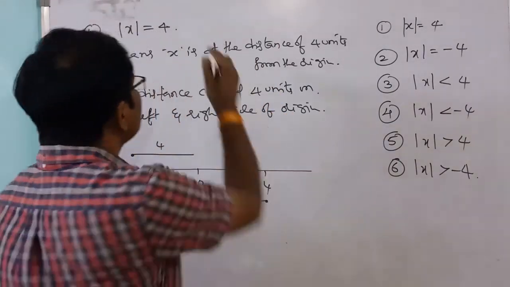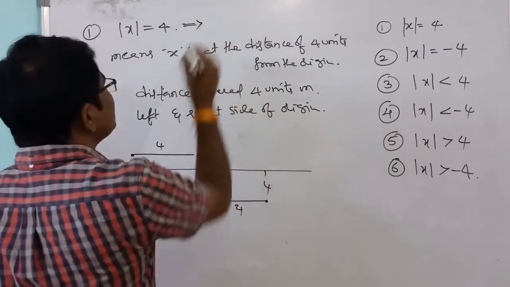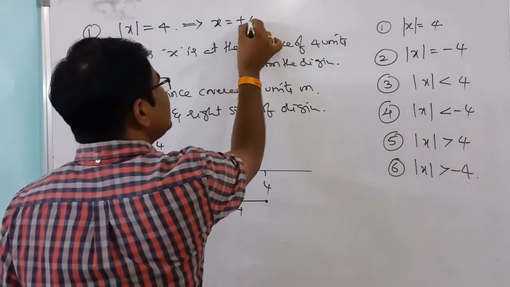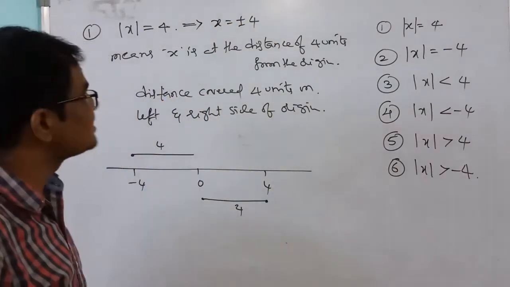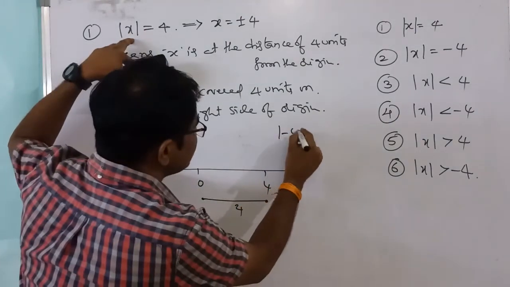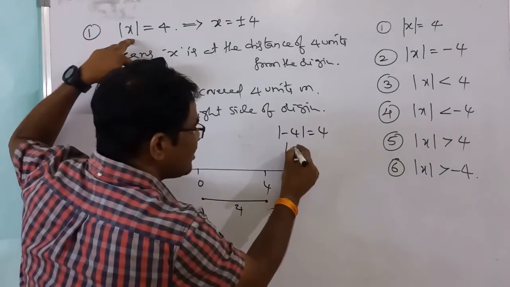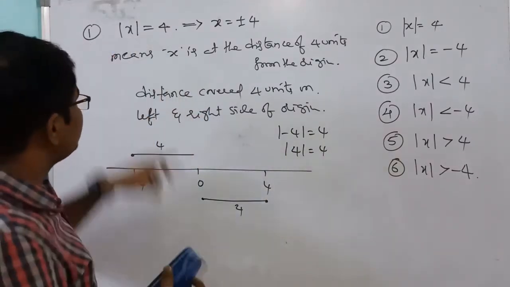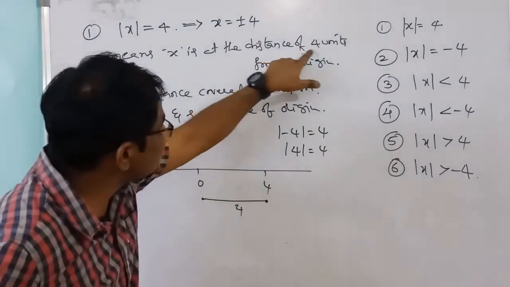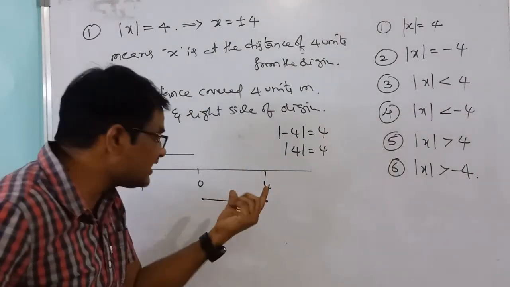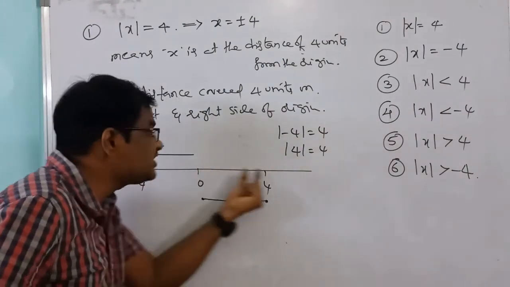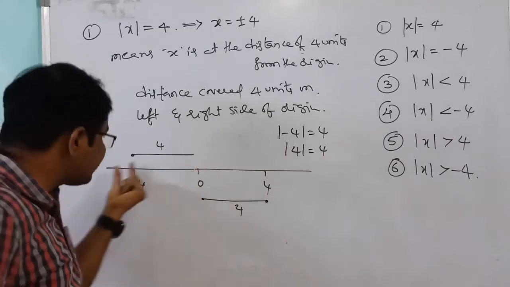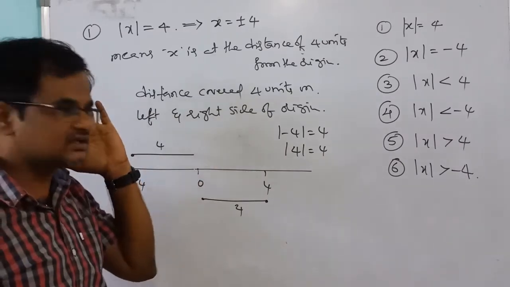So that's why modulus of X equal to 4 means X equal to plus or minus 4, because modulus of -4 is 4 only, and modulus of 4 is also 4 only. So X is located at a distance of 4 units from the origin, on the left and right side of the origin, right?